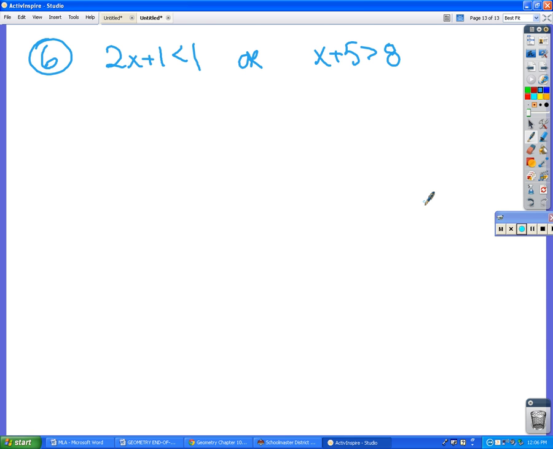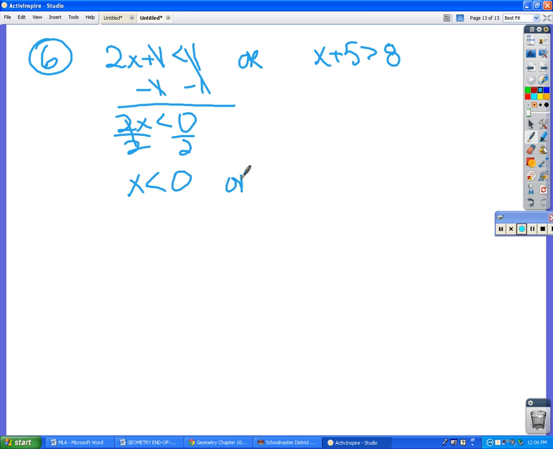Subtract 1 from both sides. So those ones cancel and these cancel. Divide by 2, which means x is less than 0. Or, what do I do over here? Subtract 5, 1 stepper. x is greater than 3. So which one is x is less than 0 or x is greater than 3? A.